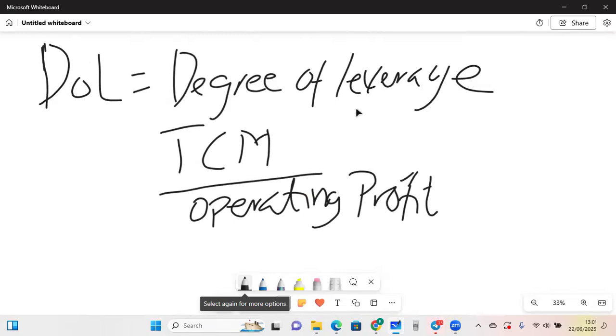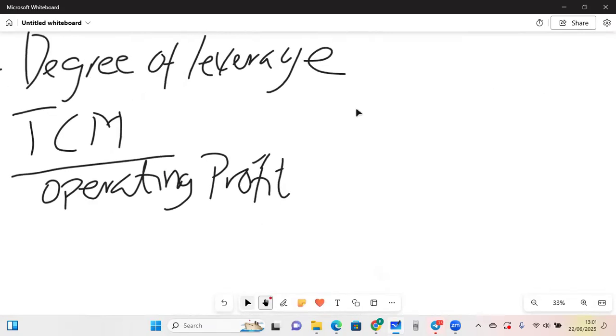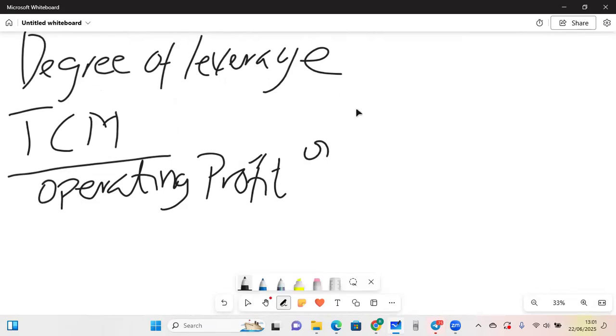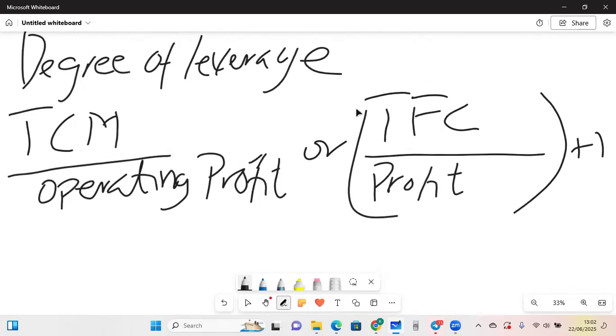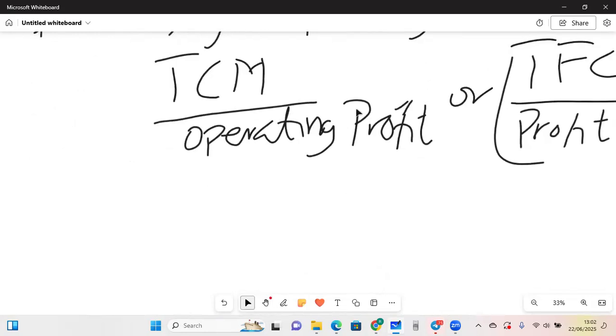Or you can also use the total fixed cost divided by profit. Then when you get the final answer, you add 1 to it. You do +1, right? Something like this. So I think we will take a question and we'll solve, and then we'll get all this.